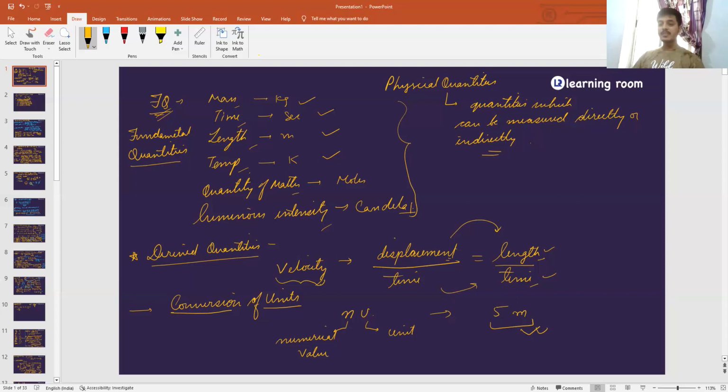Velocity is a derived quantity, and length and time do not require anything else to get defined, so those are fundamental quantities. That is the difference between fundamental quantities and derived quantities. Their units are fundamental units and derived units. In all, there are 7 fundamental quantities, so 7 fundamental units. Understood till here? Okay. Now I'm directly jumping to dimensions. What are dimensions?